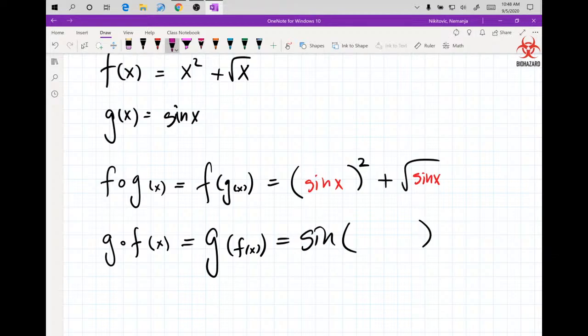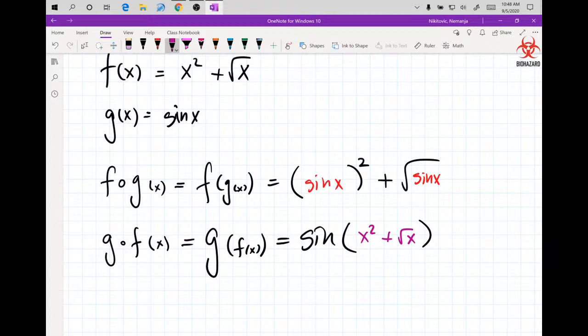Well, f is this x squared plus root x. So function composition is the way to plug all of these functions one into another, and it can change domain and range.